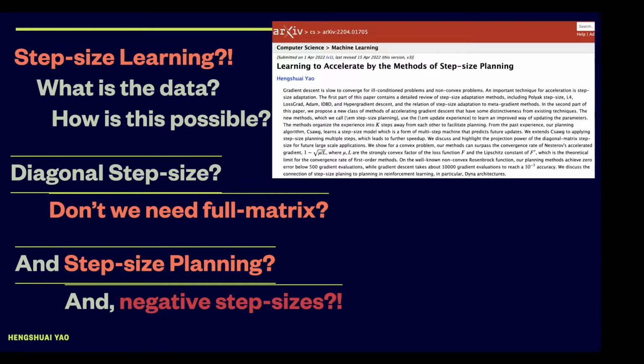It's quite weird given the vast literature of gradient descent. Many forms of step size have been used, but all of them are positive or can approach 0 when you take the time to the limit. So for some of you, this is going to be a very crazy talk.